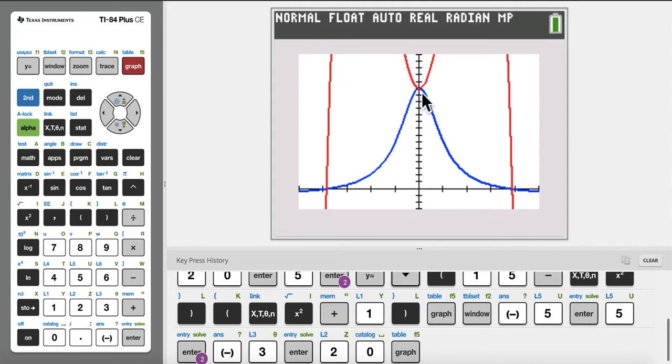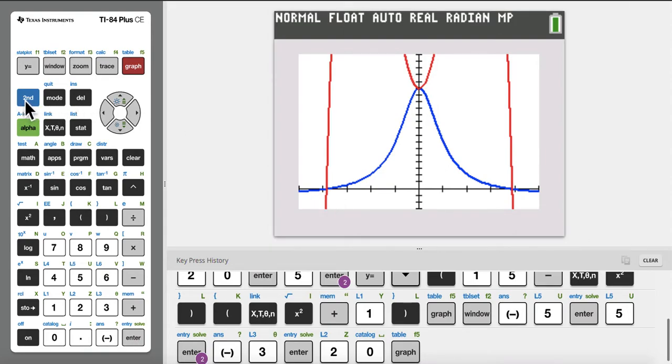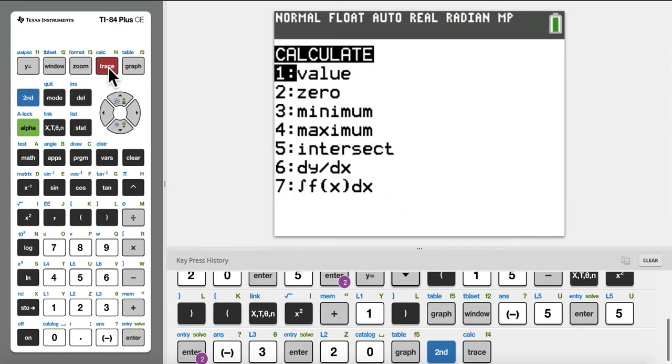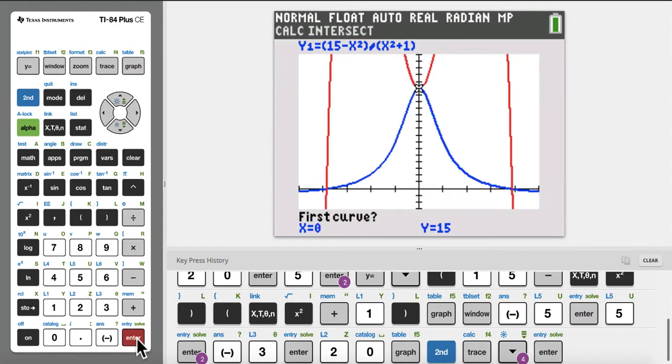So how do we find those points of intersection? Let's say I want to find this point of intersection that's on the left. We're going to go into the same calculate menu, second, and calculate. And option number 5 says intersect. And when we look at our screen now, we see our cursor is flashing right on the y-axis there.